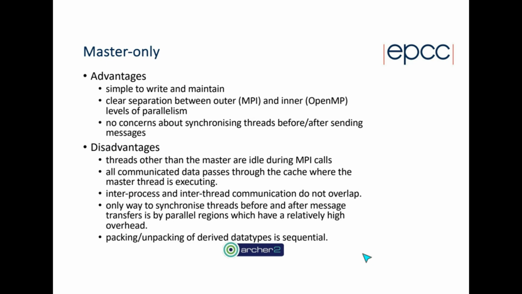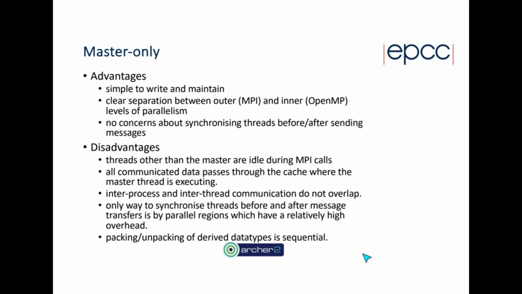So let's think about these different styles of writing mixed code and what the advantages and disadvantages are. For master only, the big advantage is that it's relatively simple to write and maintain, because you have a clear separation between the different levels of parallelism.